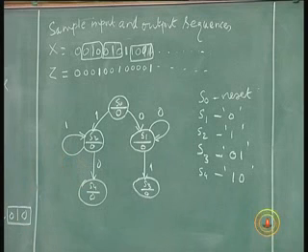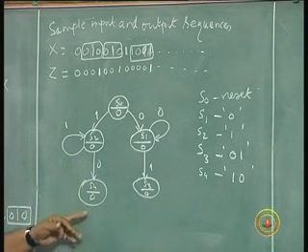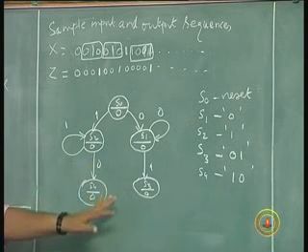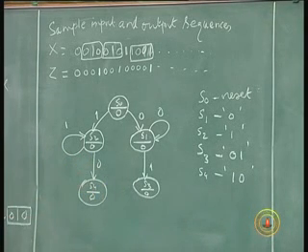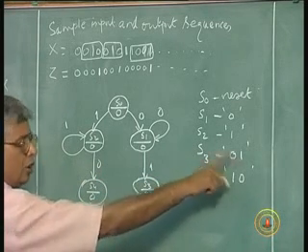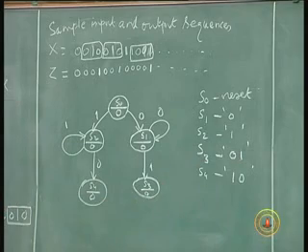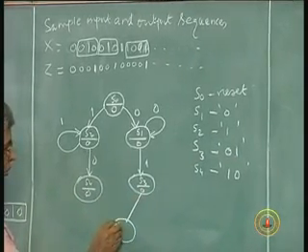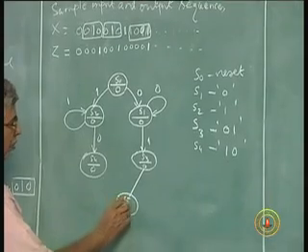We can have an arrow going from S4 to S3 if a 1 appears after the 0. That we are going to do anyway now, so that will take care of it. Let us complete this. Now in S3 if a 0 occurs, what will happen? 0, 1, 0 completed, correct? It will go to S5.